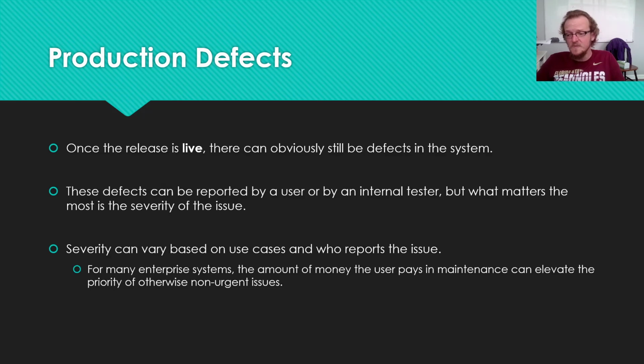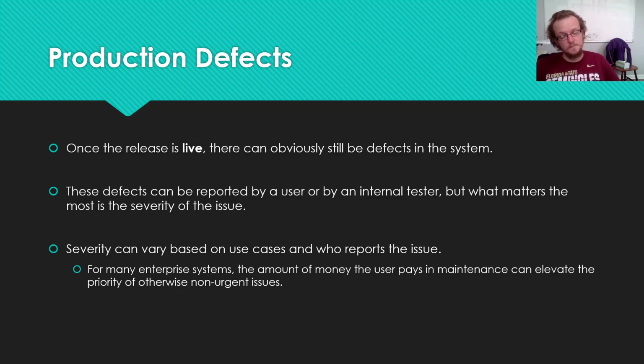As a real-world bit of information here, there are absolutely situations where the amount of money that a client spends in annual maintenance can push an otherwise ridiculous request to a very high priority request.